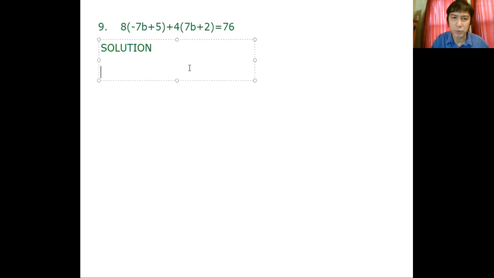All right, so we will start with 8 times the quantity negative 7b plus 5, and we shall divide here by the number 4, by the number 4. We can actually show this clearer.